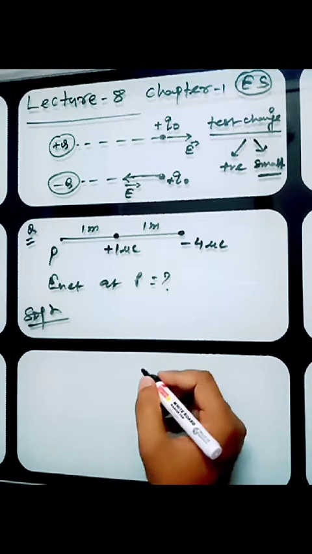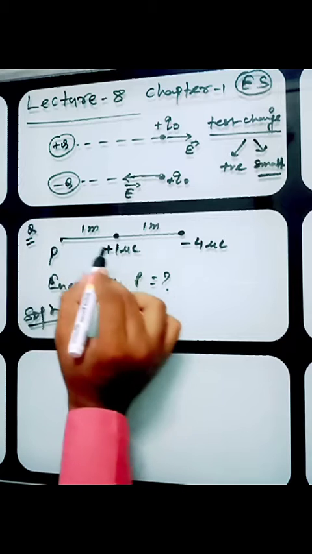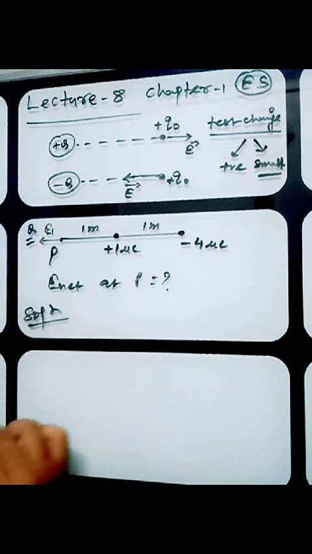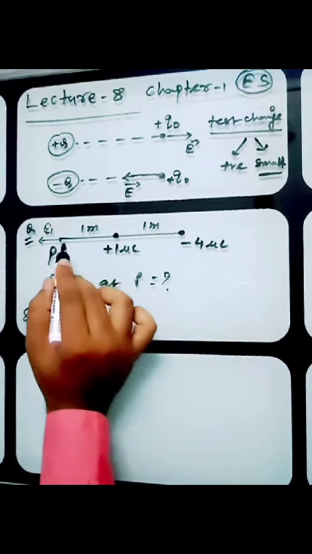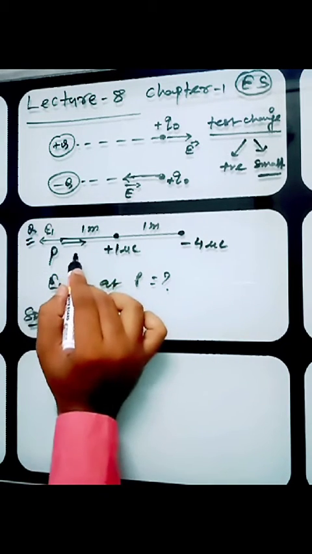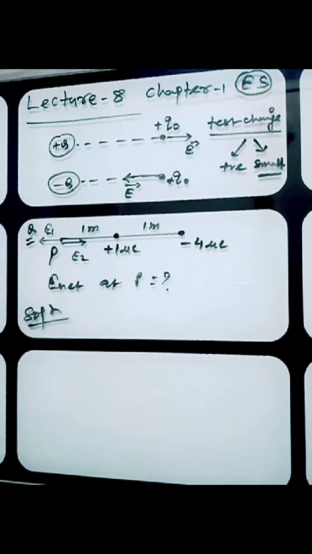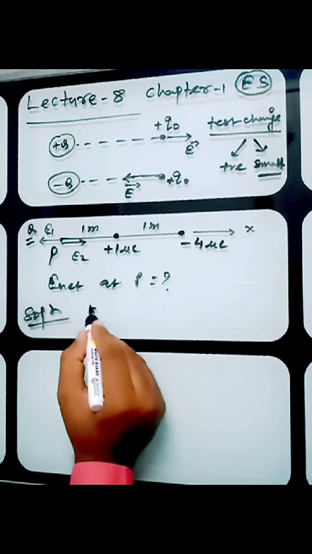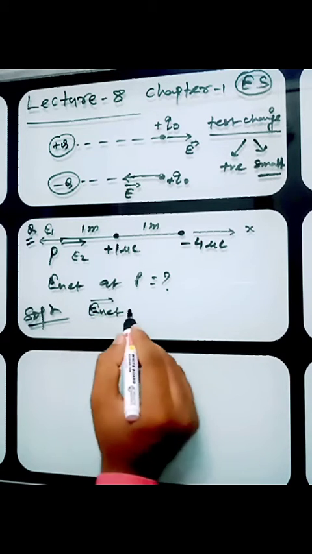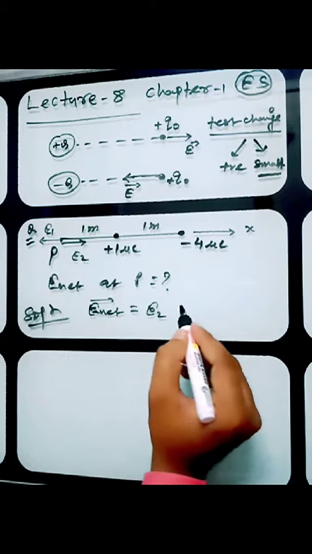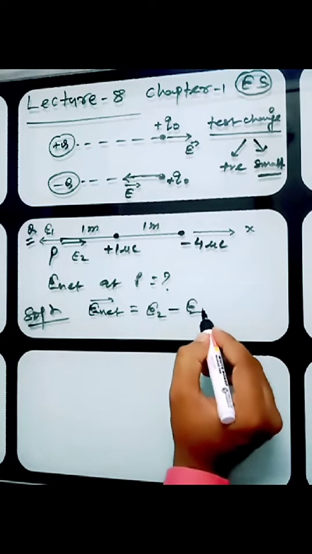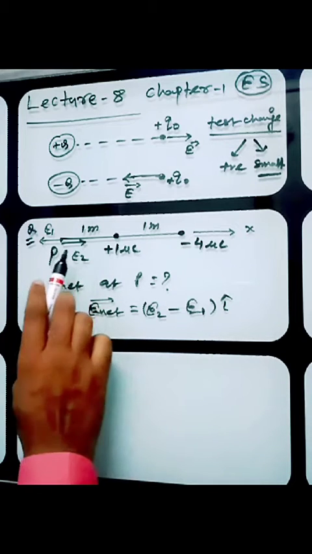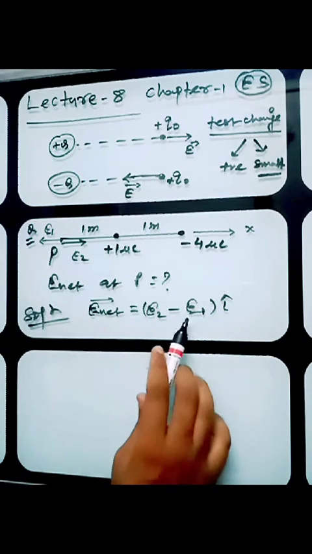Now the solution. At point P, due to this positive charge, the field will be in this direction. Suppose it is E1. And at point P, due to this negative charge, the field will be towards, so it is E2. If it is the x-axis, then E net can be written as E2 minus E1 in the I cap direction. E2 is in the positive direction, E1 in the negative direction.